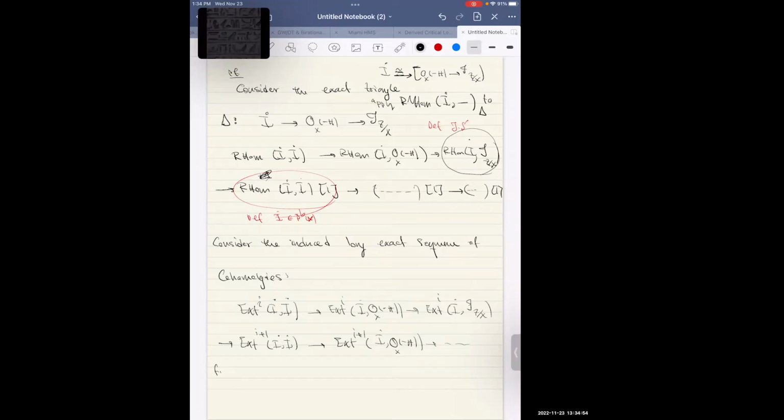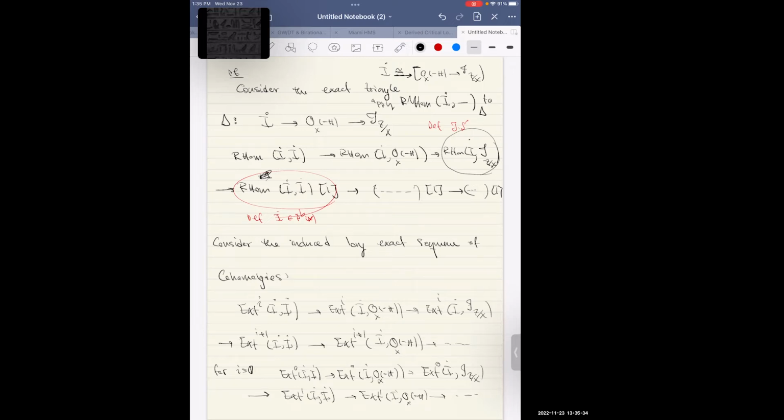For i equal to 0, in fact, we have Ext^0(I dot, I dot) goes to Ext^0(I dot, O minus H) goes to Ext^0(I dot, I_Z in X) goes to Ext^1(I dot, I dot) goes to Ext^1(I dot, O minus H), etc., etc.